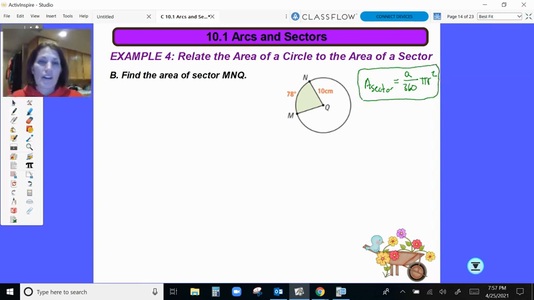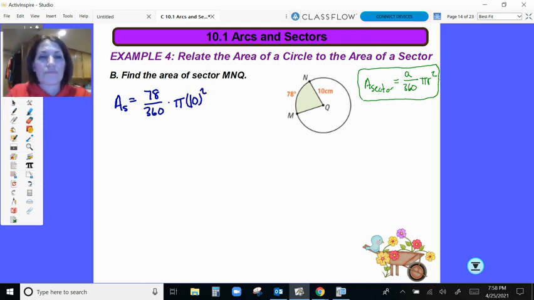Let's find the area of this sector MQ. That's what's bound in this region right here. Our area of the sector is going to equal 78 over 360 times pi r squared, pi times 10 squared.